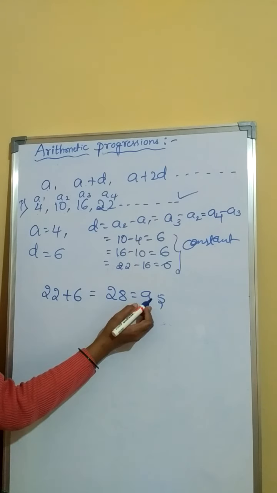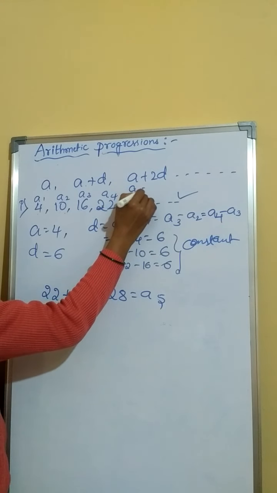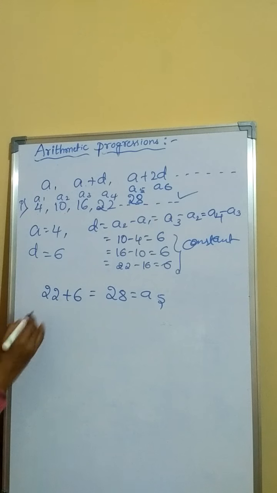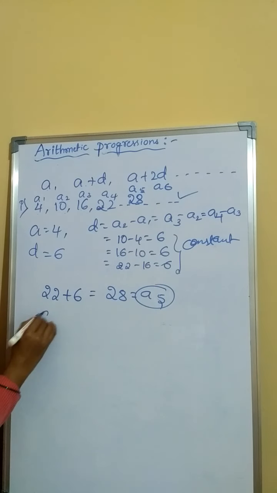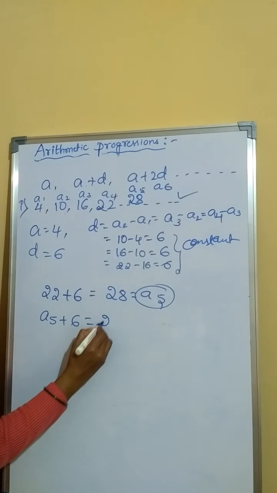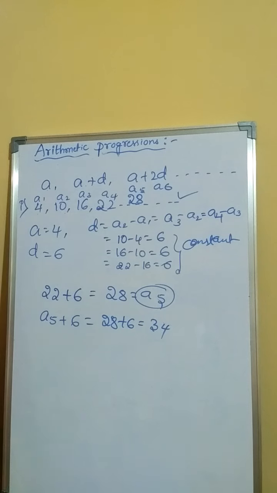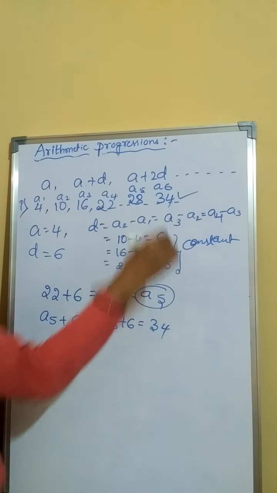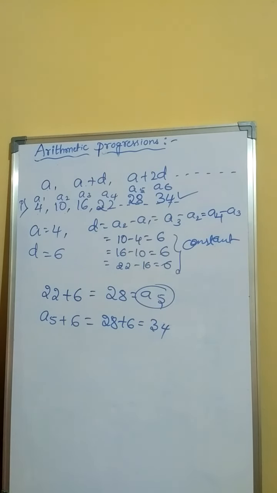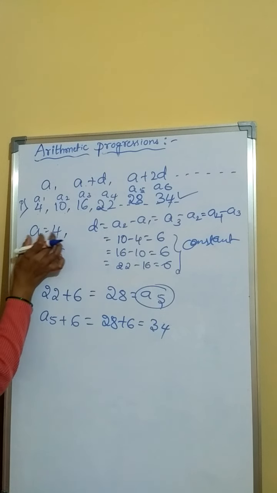Next, one more term, the fifth term is 28. Next, I need to write the sixth term. Again, fifth term is how much? A5 plus this common difference D, that is 28 plus 6, that is 34. So here in the list, the next term is 34. So it is very easy to write the next terms of the progression if we know the first term and the common difference.